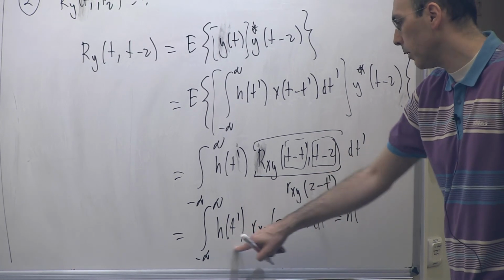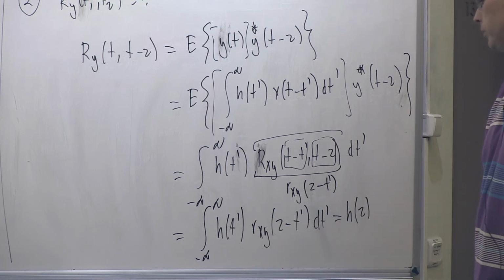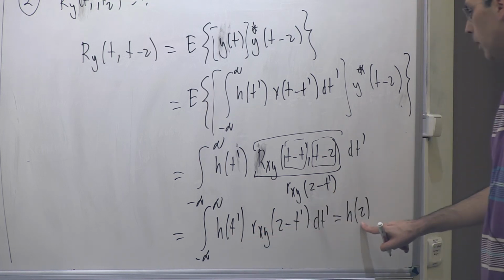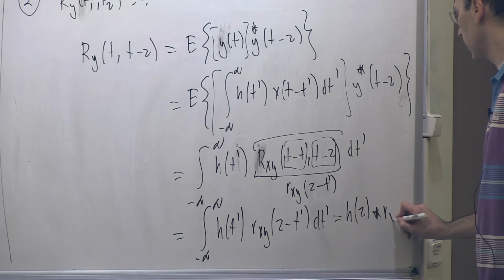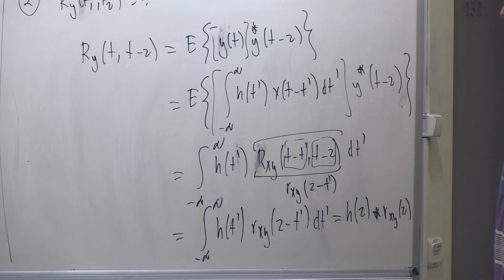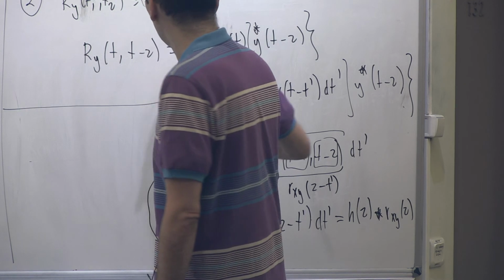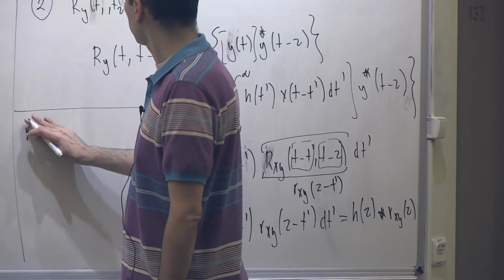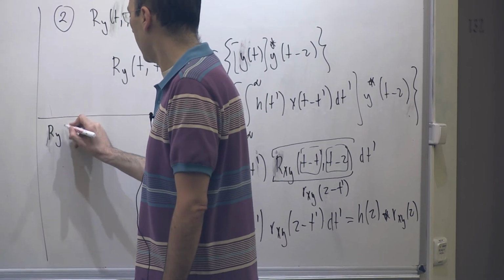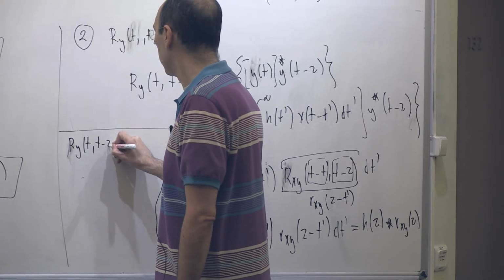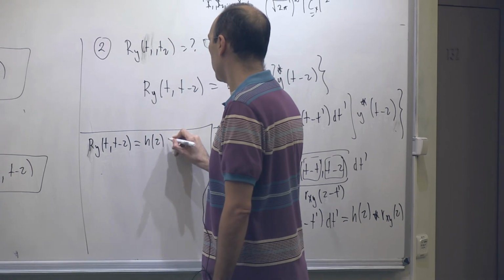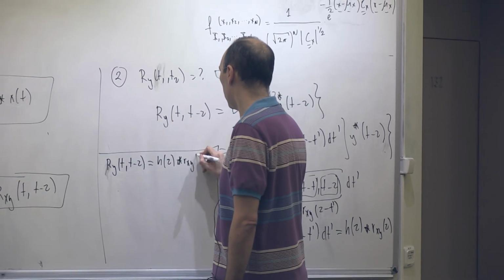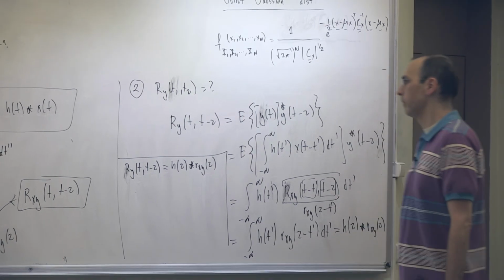One of the arguments entering the convolution operation is h of t, so with output variable tau it becomes h of tau, convolved with Rxy of tau, because t prime is a dummy variable. Now the final thing is Ry(t, t minus tau): h of tau convolved with Rxy of tau.